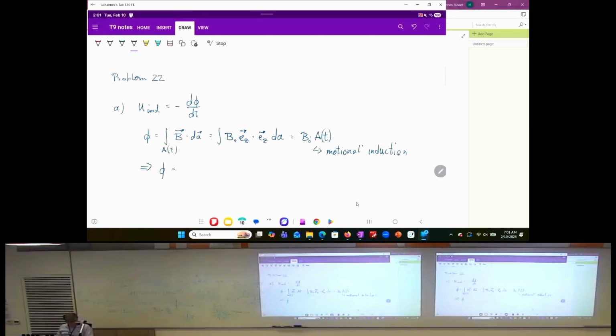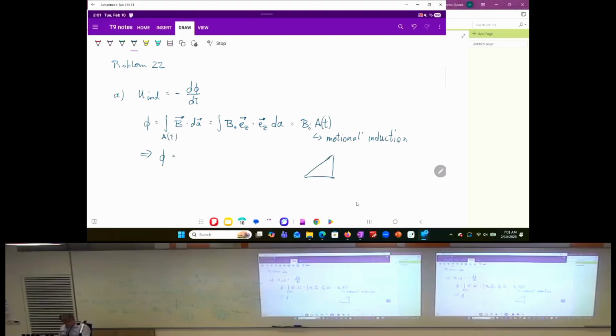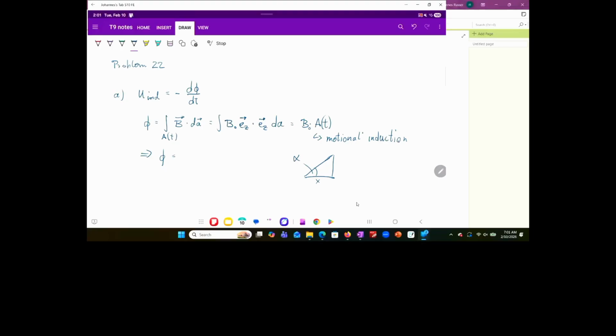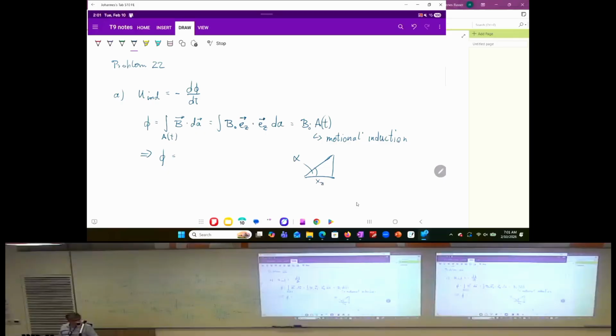What is your phi now? If you're looking at the size of the loop here, you have an angle alpha. This here shall be the length from the origin to where you have the moving wire segment. This is xb as used in the problem statement. And this here is at a right angle.